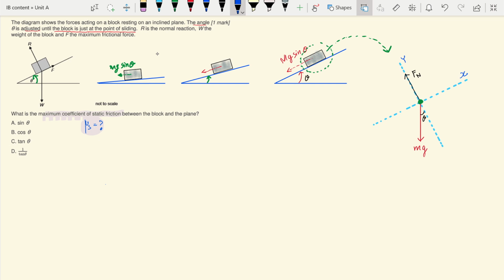Since this block can slide in this direction, the force of friction must be in the opposite direction, something like this. So this is the force of friction, which is mu s fn. It's the maximum force exerted on this block right now, which is preventing any kind of sliding.